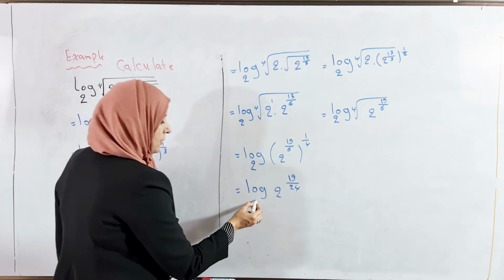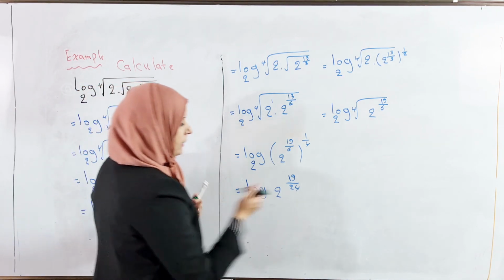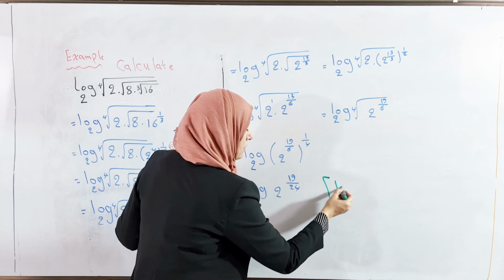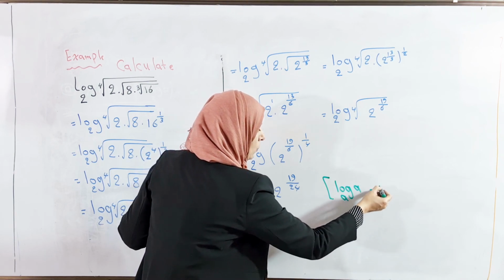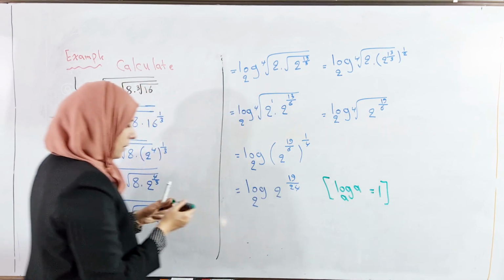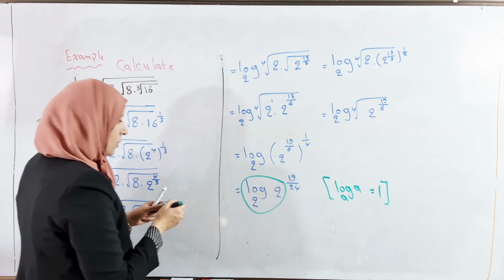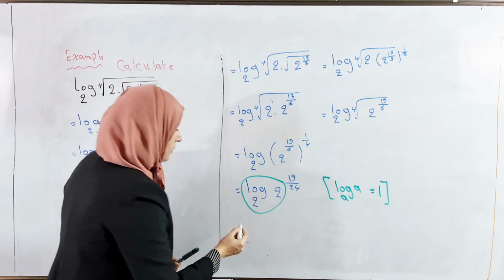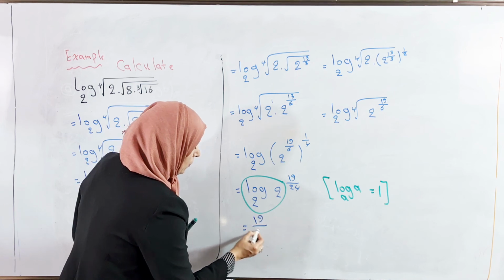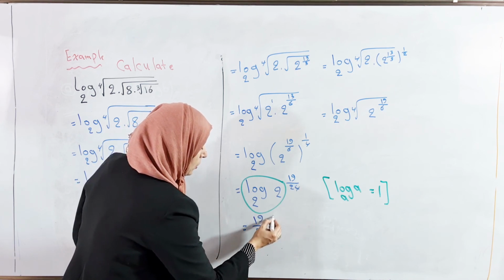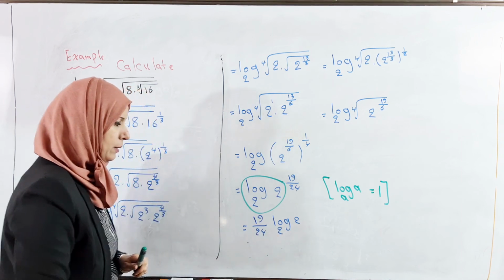Logarithm base 2 and we take the property who say logarithm a for base a will equal 1. That means logarithm 2 for base 2 will equal 1 and will be 19 on 24 logarithm 2 for base 2.